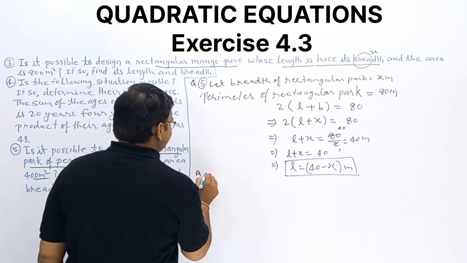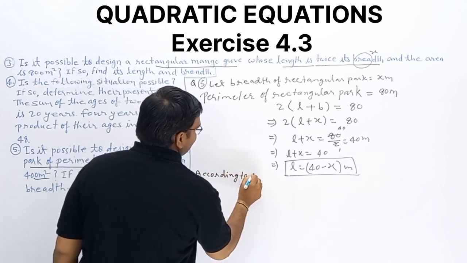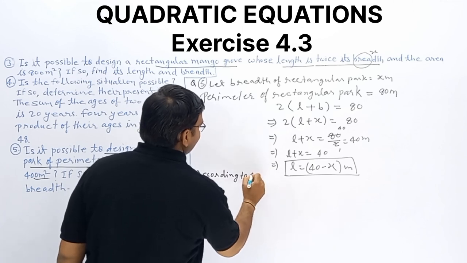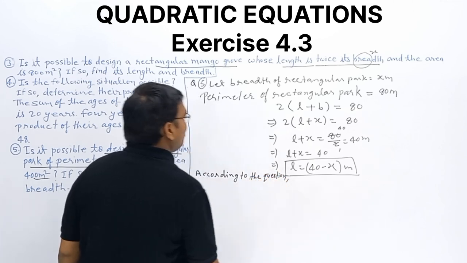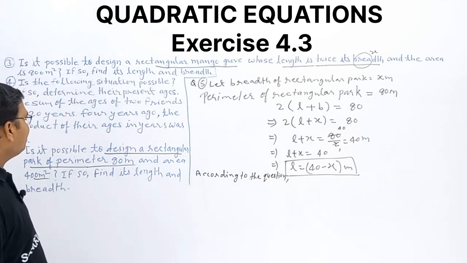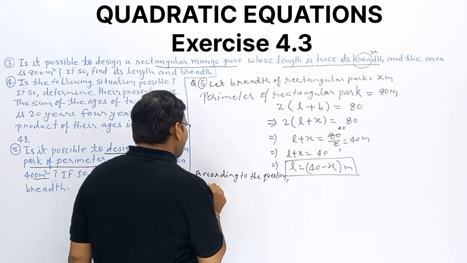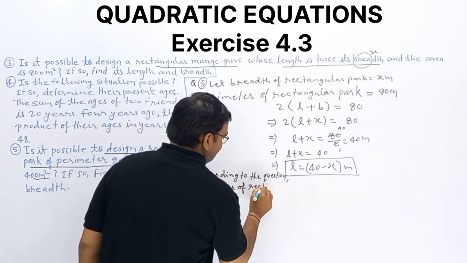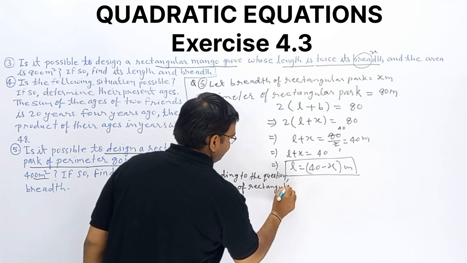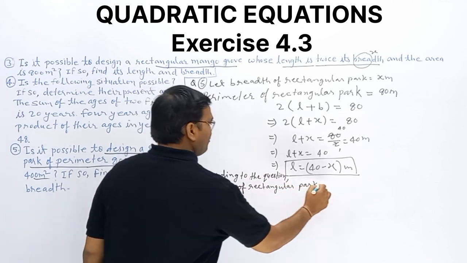According to the question, what is the question? Area 400 meter square. Area of the rectangular park equals what?